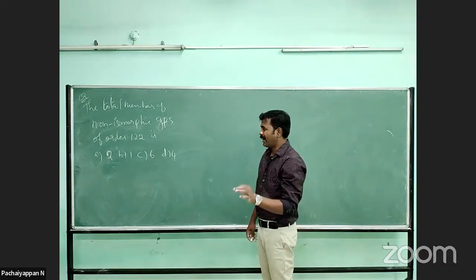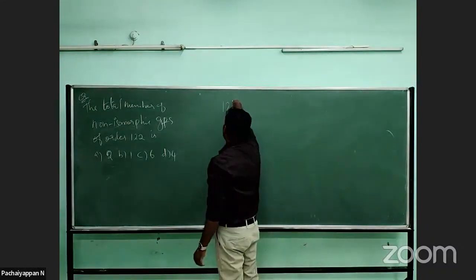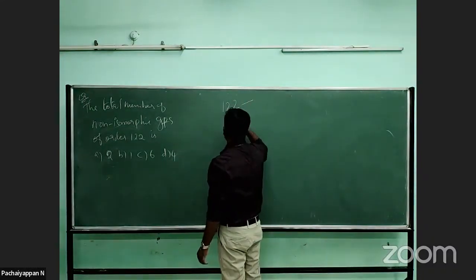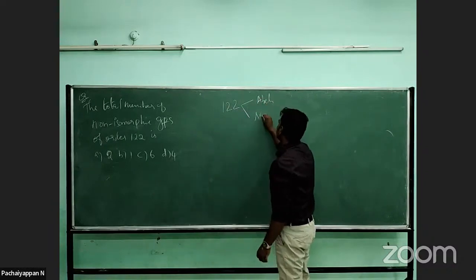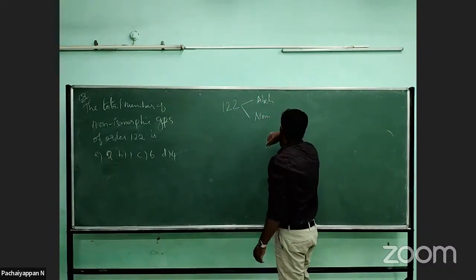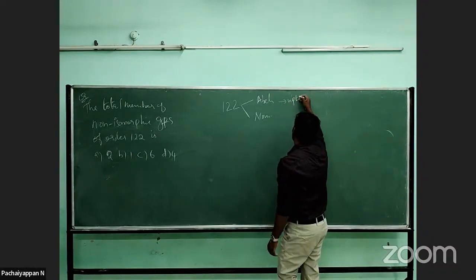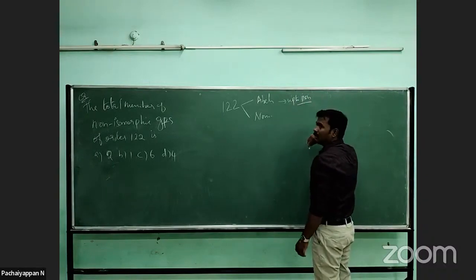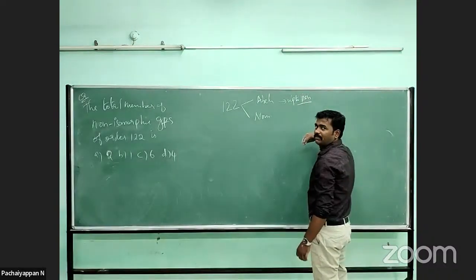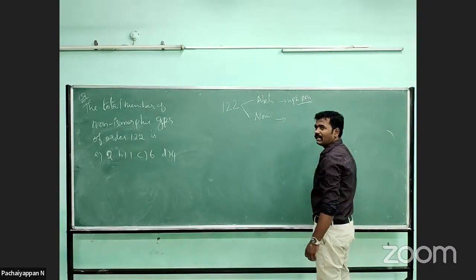First, try to find for abelian, then 122 order group, abelian and non-abelian. But we know up to isomorphism, for abelian groups, what is the formula? What is the formula for non-abelian?